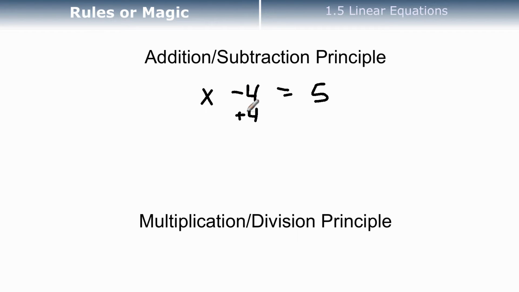That's the additive inverse property, I think it's called, where if you have subtract 4 and add 4, they cancel out and give you 0. So on this side I have x plus 0, or just x. If I add 4 to this side, the rule says you have to add 4 to that side. So 5 plus 4 is 9. That's the addition-subtraction principle.